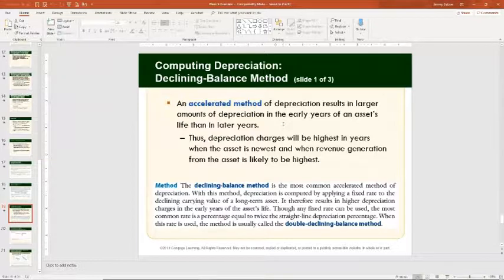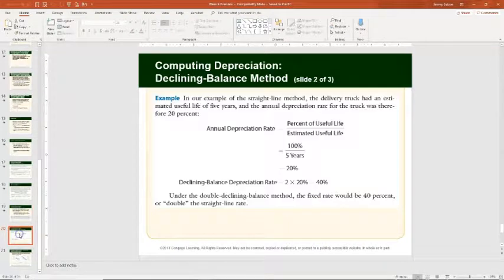When the equipment is new, maybe it's generating more revenue for you. So later on, you don't want to be hit with that depreciation cost when maybe it's not generating any more revenue for you. If you use the straight line method, you might still be hit with large depreciation expenses even after the asset has kind of outlived its life. So that's the accelerated method.